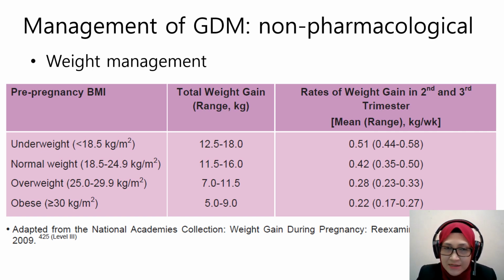The only change is the formation of the organs of the baby. Only starting in the second trimester is the baby going to thrive, or grow in size. So these are the charts for them, which show the tolerable total weight gain and rate of weight gain.